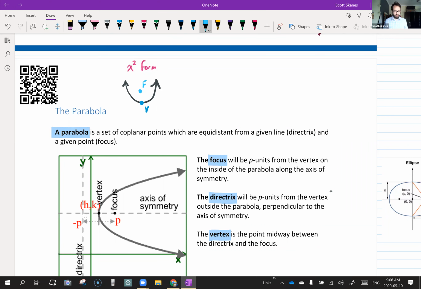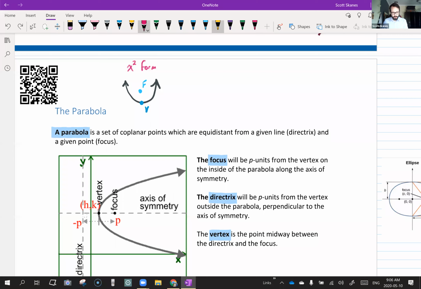The reason it's called the focus is that if you were to shine light inside this parabola, all the light, no matter what you sent in, would always bounce back and land at the focus. So that's why it's called the focus. You don't obviously need to worry about that. We're not going to be doing a lot on that idea.